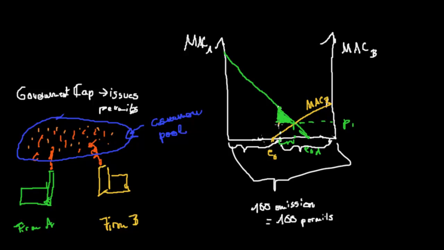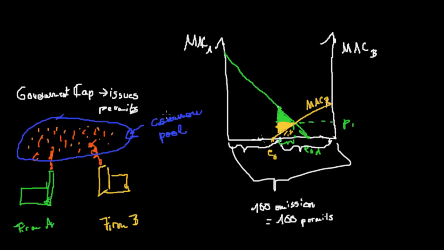Now firm B has the yellow area of benefit from trading its emissions and actually scaling its emissions even further down and abating more than firm A, but it will have then this compensation for emitting more, or even more than the compensation, because it actually just faces the costs which are below its graph of reducing its emissions.